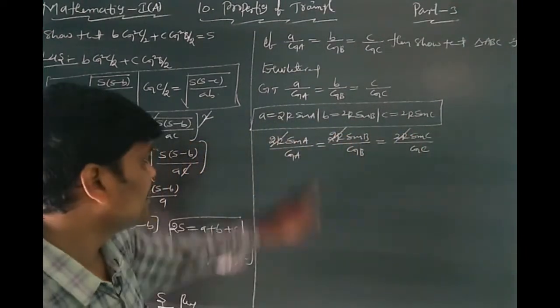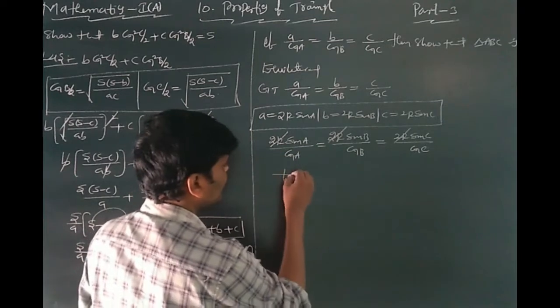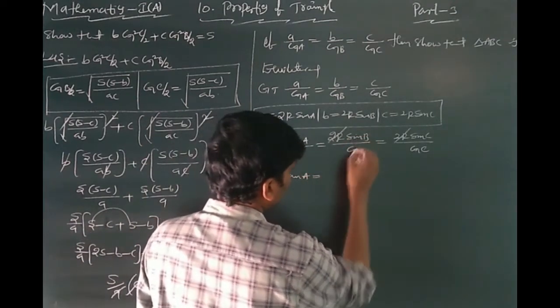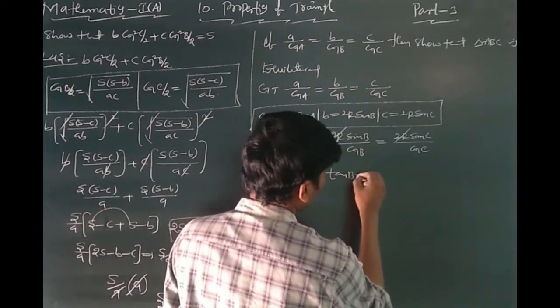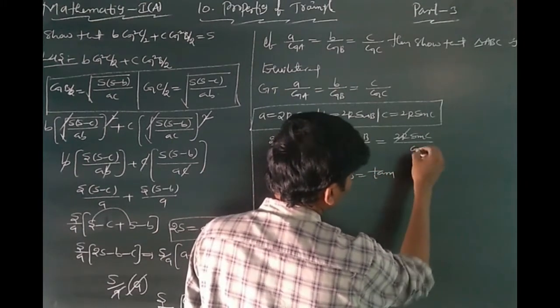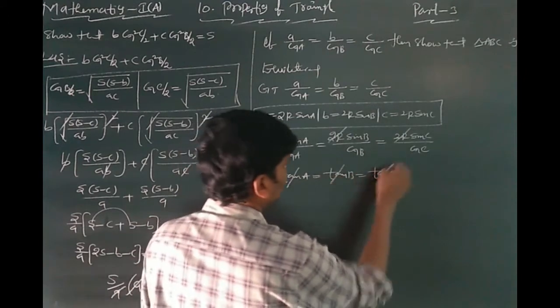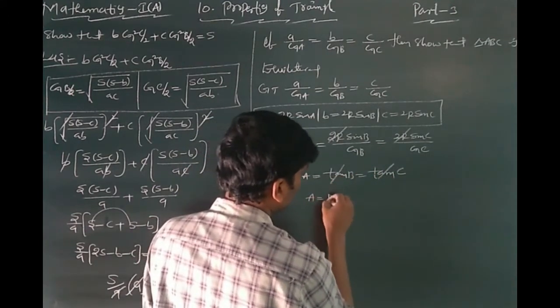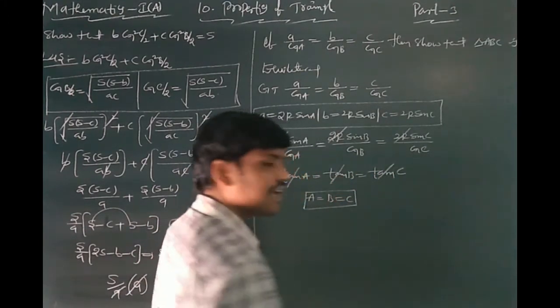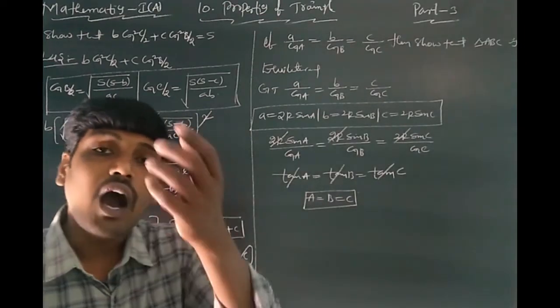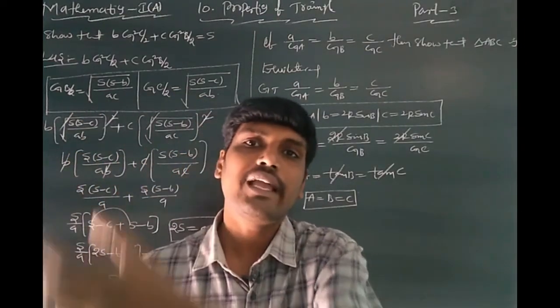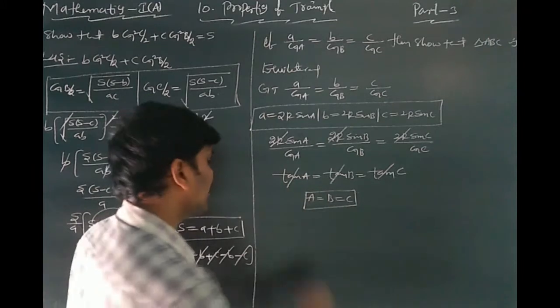2R gets cancelled. Sin A by cos A you can write tan A. Sin B by cos B you can write tan B. Sin C by cos C you can write tan C. Tan gets cancelled. If A is equal to B is equal to C. What is the meaning of A equal to B equal to C? If all angles of a triangle are equal, that triangle is called equilateral.